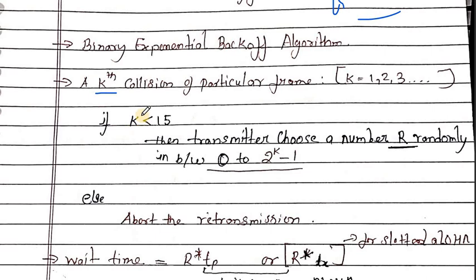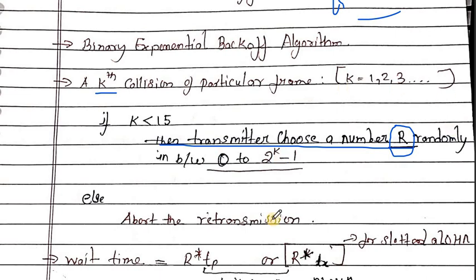Which number of attempt is this? If the k value is less than 15, then for the retransmission, choose a number randomly. If there is a kth collision, then it will choose the time randomly to retransmit the frame.